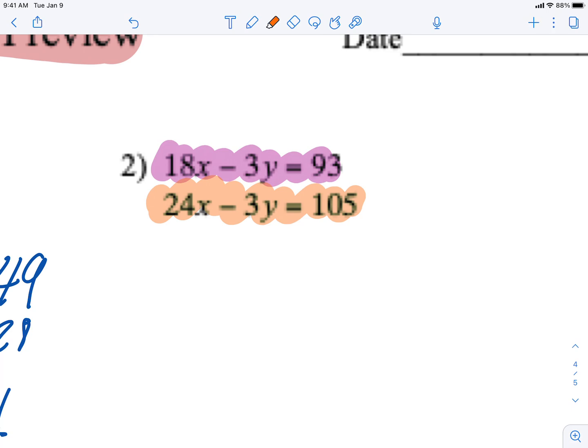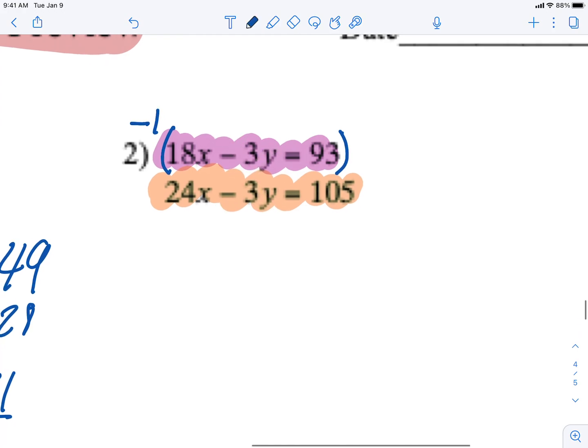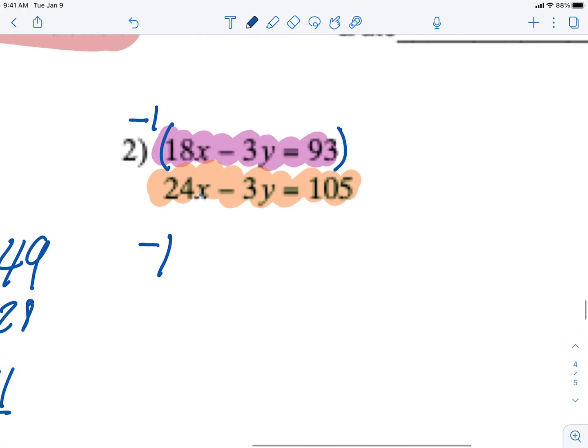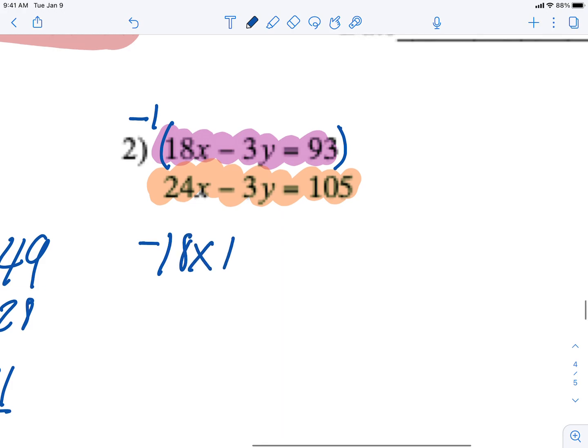Now, number 2, I noticed that I need to multiply one of these equations by negative 1. Because if this was positive 3y, it'll cancel with that negative 3y, and that'll be gone. So I'm going to do that. So I get negative 18x positive 3y is equal to negative 93 when I multiply.